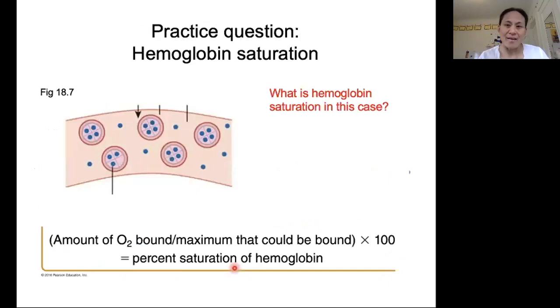Now that I've covered that principle, I want you to practice with it, okay? So we have this figure right here, same sort of schematic. What is the hemoglobin saturation in this case? So go ahead, hit pause, do that calculation, and then you can unpause.